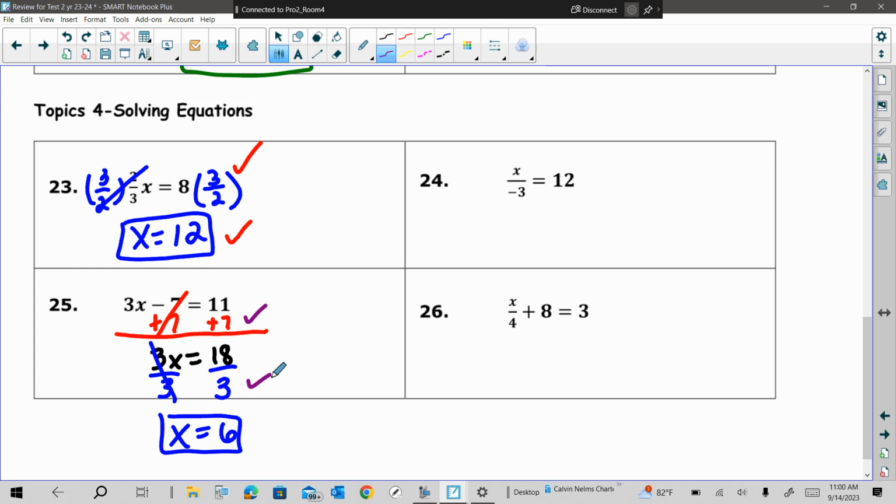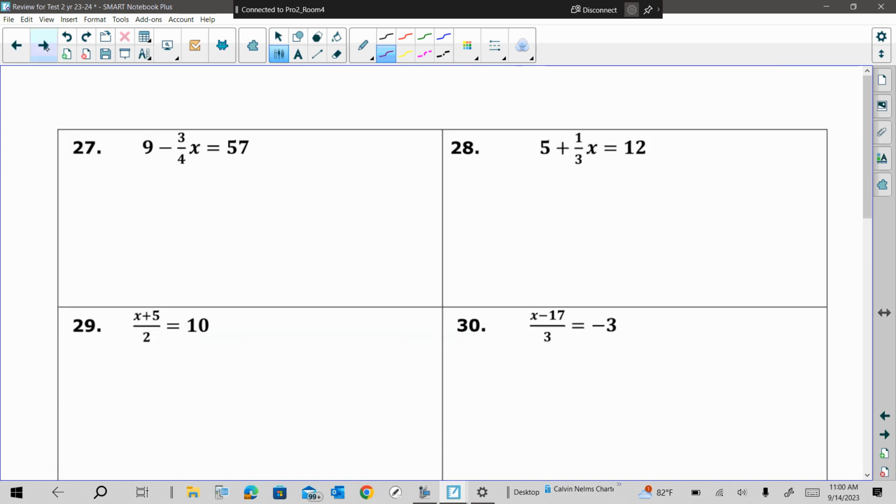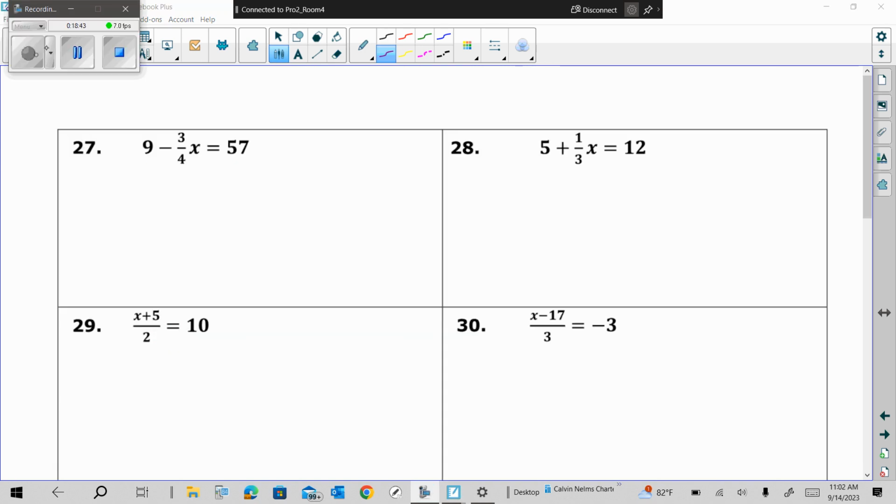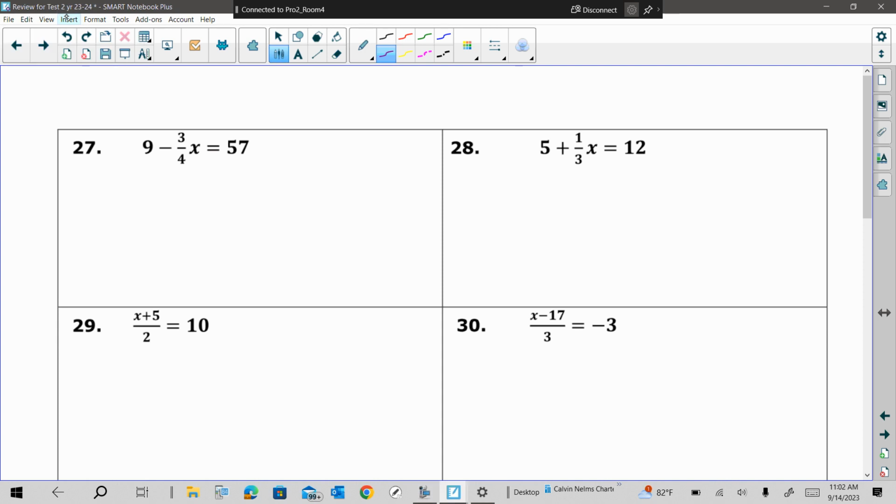So on the last page here, if we go to the next page. Yeah, good eye. Subtract the 9. -9 minus 9. Okay. Now, what do we write after that? Yes, good eye. Make sure you pay attention to that sign.